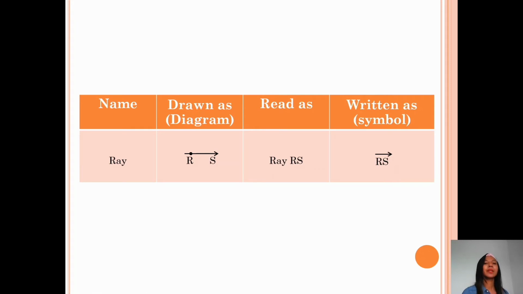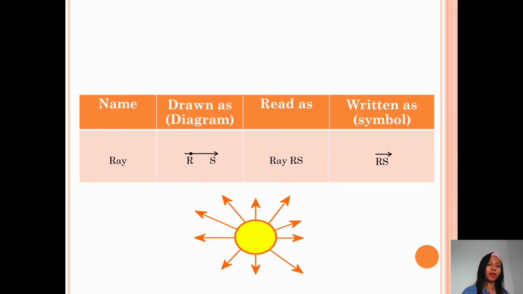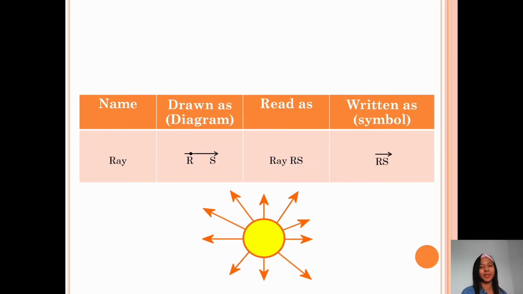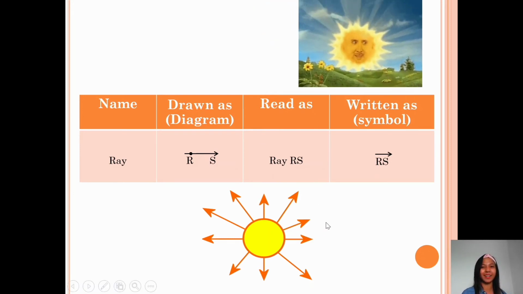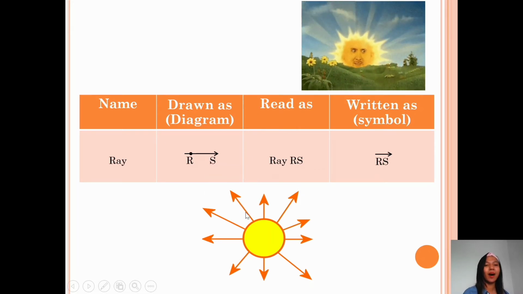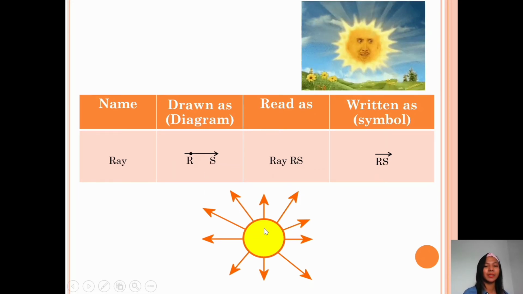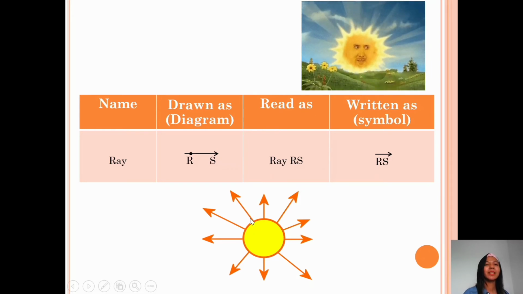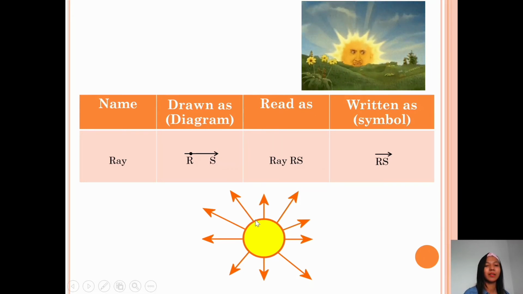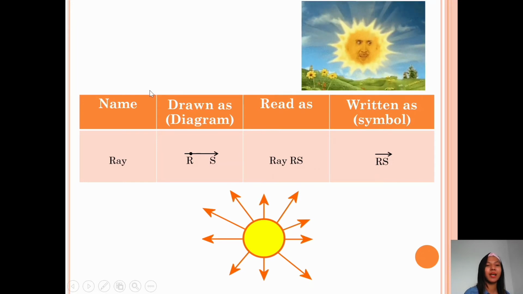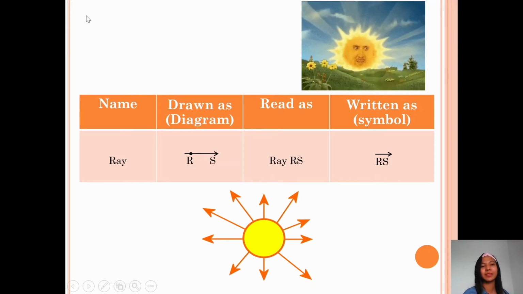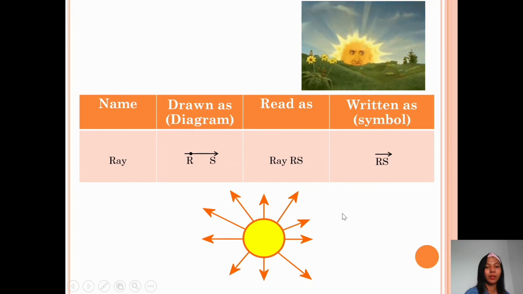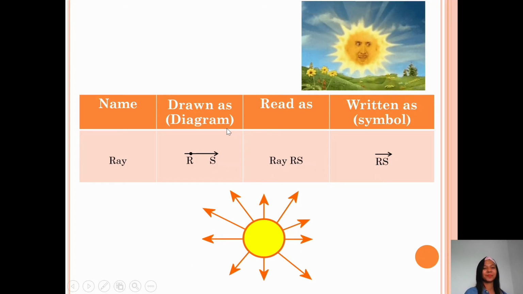Alright, so an example of a ray that you can see in our surroundings is actually a light. I have here an example, a sun. The ray of the sun. From this body of the sun, the light ray or the ray of the sun extends infinitely in all directions.